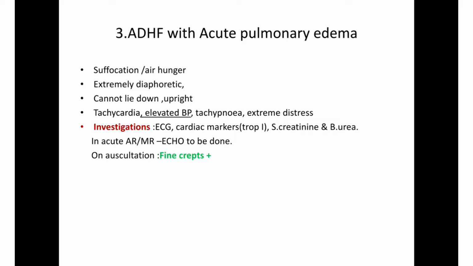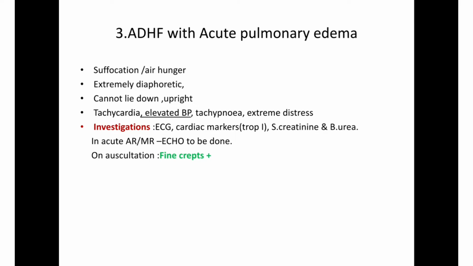Maybe the patient just needs dialysis, and if we don't think of renal issues, we can completely miss this. Acute pulmonary edema can also happen in situations like acute AR and acute MR, aortic regurgitation and mitral regurgitation, so it is very important to do an echo. On auscultation, we will hear fine crepitations in acute pulmonary edema.